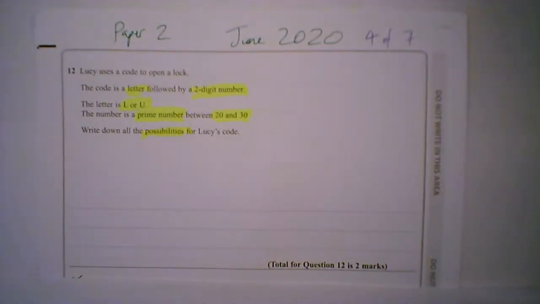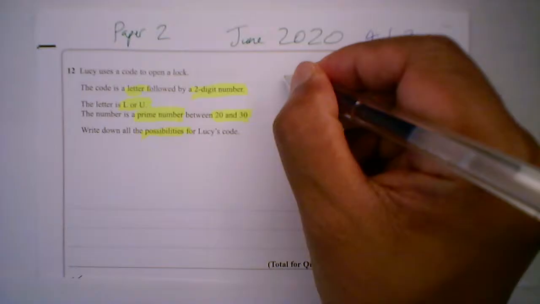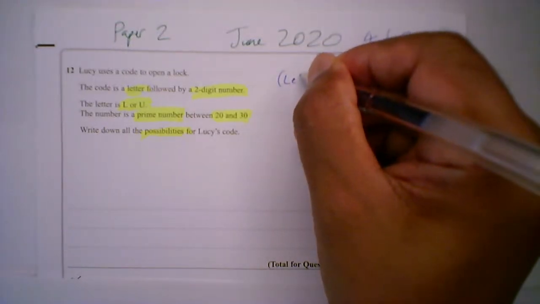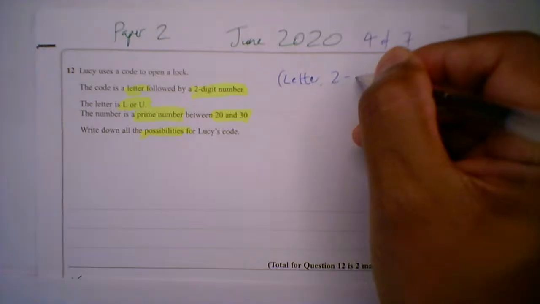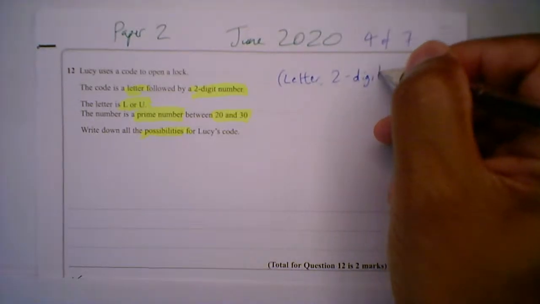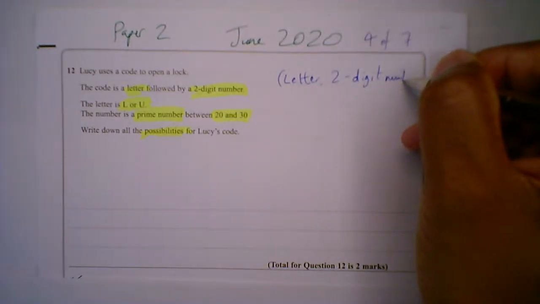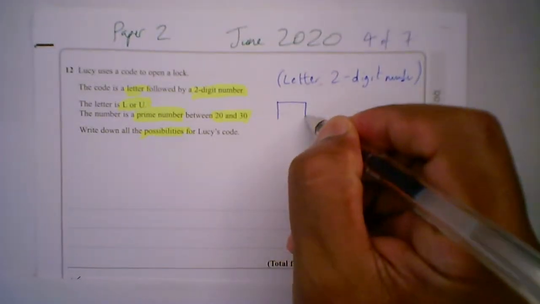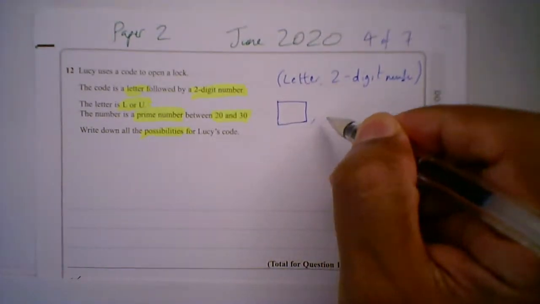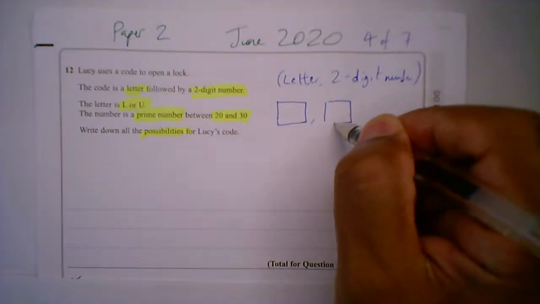So we have got a letter and a 2-digit number. In this case, I'm going to use boxes just to think about how this is.